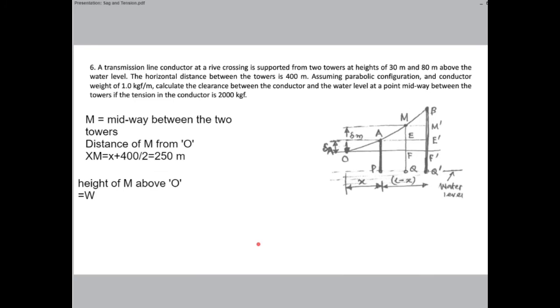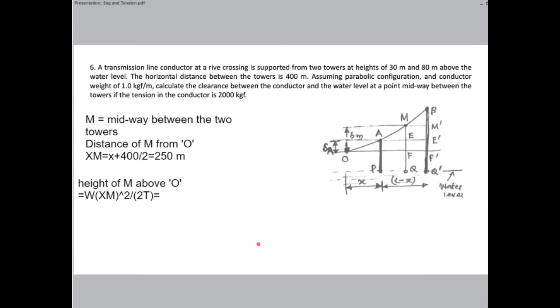W times the distance squared, meaning xm squared, over 2t. If you remember, we have to consider this 2t if the supports are at unequal level and we're considering only one point.